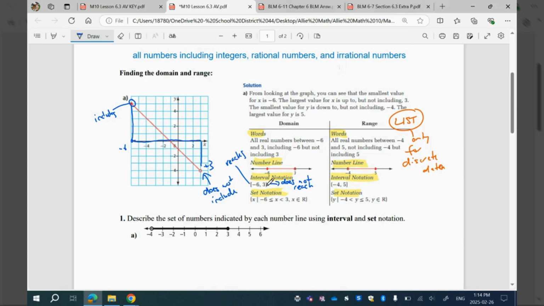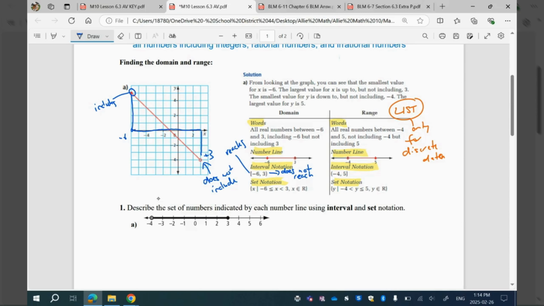And as set notation, a set is just like a group of numbers. We use these squiggly brackets that denote a set. And then we have an x. There's this line, which just means such that. So the x values are such that they are greater than or equal to -6 and less than 3, but not equal to 3.